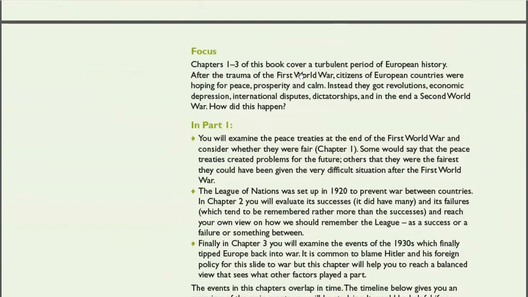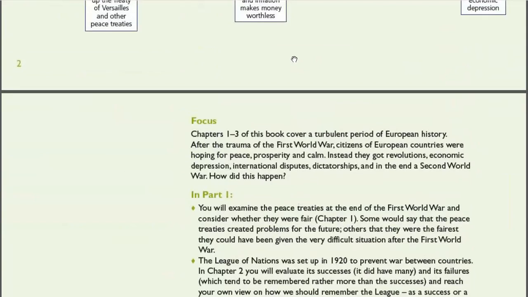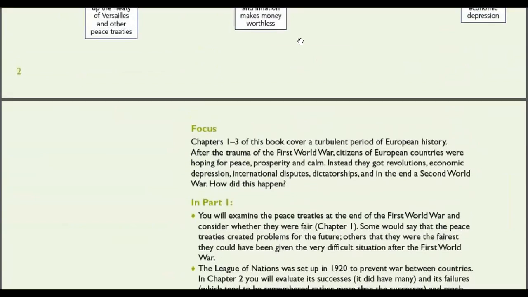Citizens of European countries were hoping for peace between the countries without war.